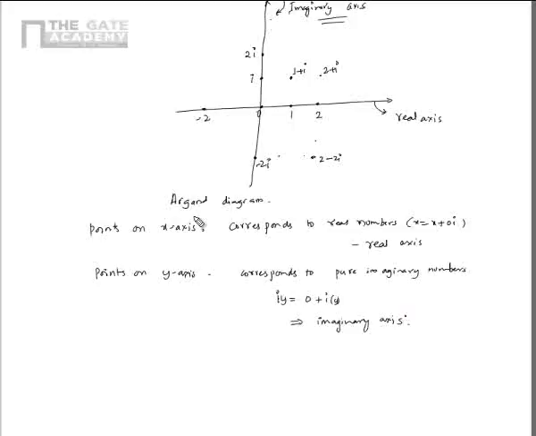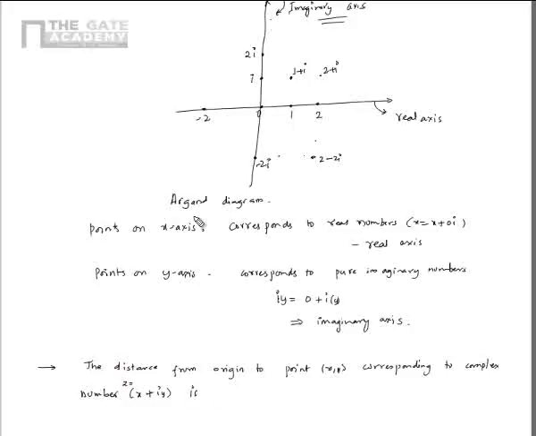graphical representation. Now another thing you can make out is the distance from the origin to the point x comma y, which corresponds to a complex number. So x comma y basically corresponds to the complex number x plus iy. Let's say z is equal to x plus iy.